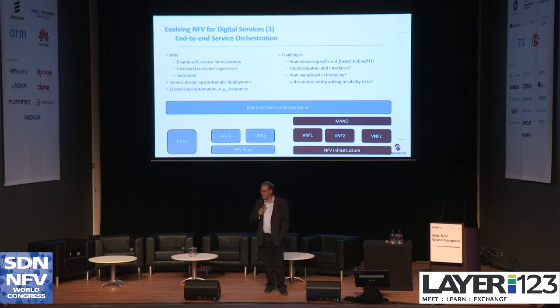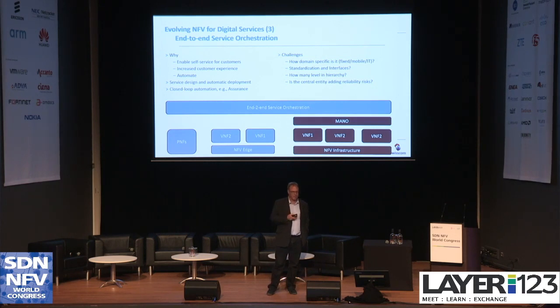Unfortunately, in the operator and networking world, you still have physical elements, for example a cable or some chips in a CPE somewhere at your home. So there are still PNFs around, and all of that should be covered under the same end-to-end service orchestration in one way or another.